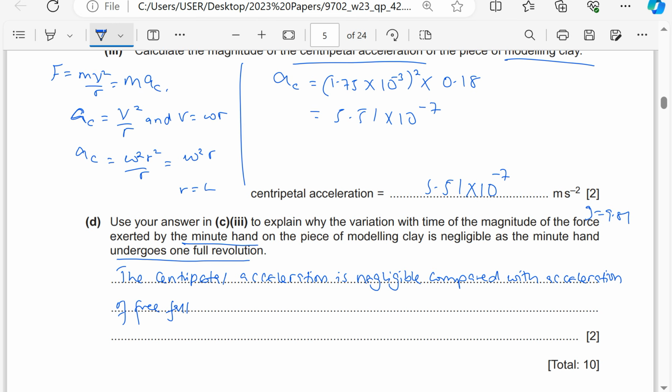If we compare this with the acceleration of free fall, which is 9.81 meters per second squared, then this centripetal acceleration of 5.51 is too small.